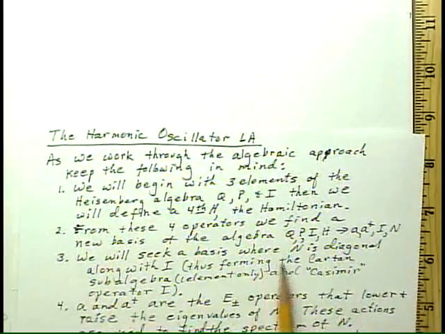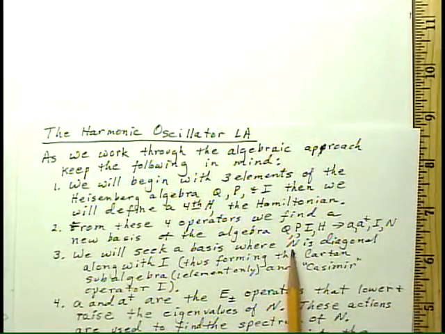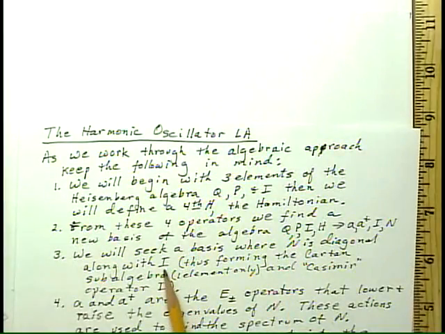We will look now for a basis where N is diagonal, along with capital I, forming the Cartan subalgebra, which is the only element that will commute at the same time is N. No other function of the a and the a dagger will also commute.